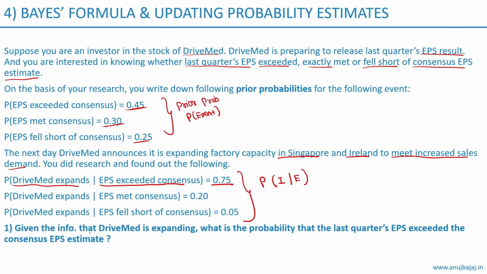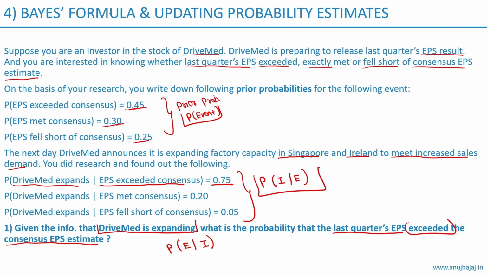So given the new information that DriveMed is expanding, what is the probability that the last quarter's EPS exceeded the consensus EPS estimate? So we are required to find out the probability of the event given the new information, where the event is EPS exceeding the consensus and the new information is DriveMed is expanding. So we have the prior probabilities, the probability of the information given the event, and we are required to find out the probability of the last quarter's EPS exceeding the consensus given the new information that DriveMed is expanding.